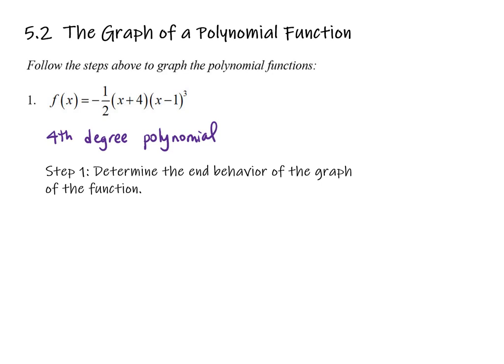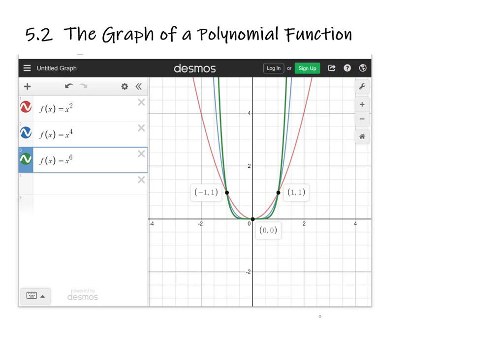It's really important to know that it's a 4th degree polynomial because that really helps us answer step 1, which tells us to determine the end behavior of the graph of the function. Now because we have a 4th degree polynomial, we're looking at our graph of even power functions. And you should notice that the arms either both go up or both go down.